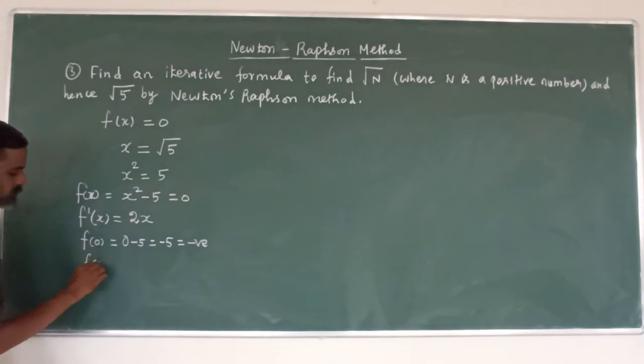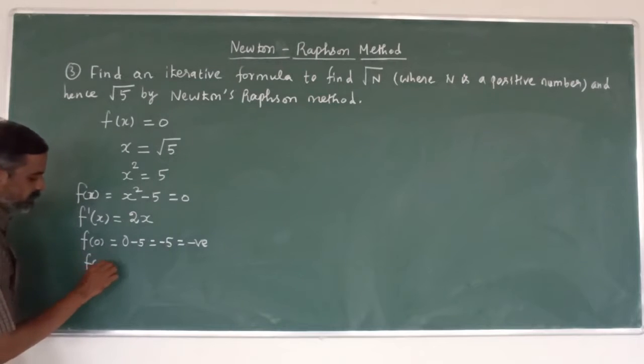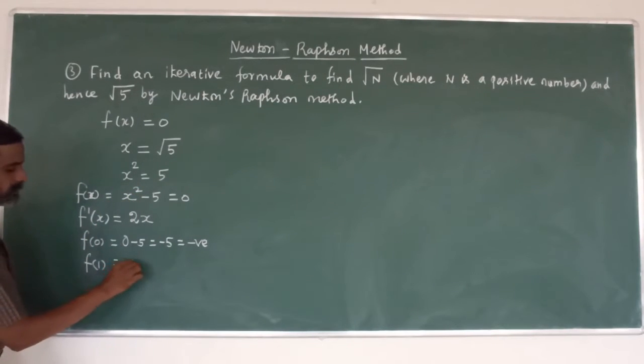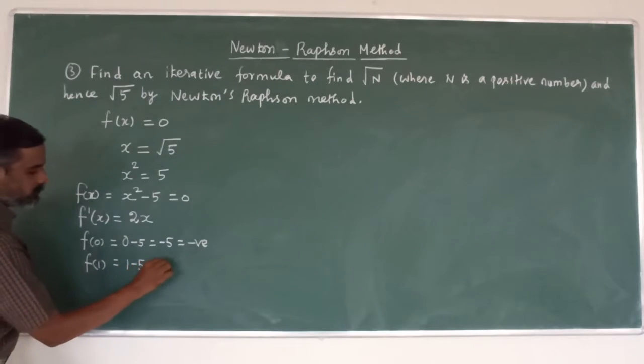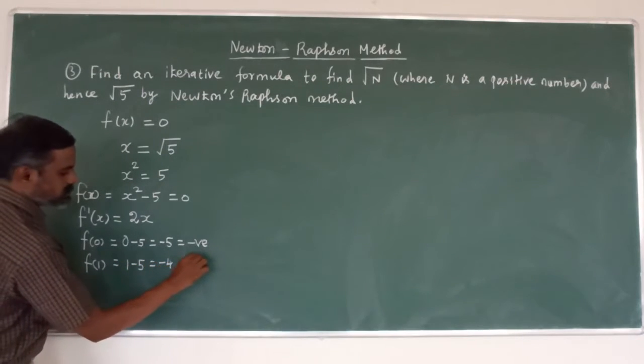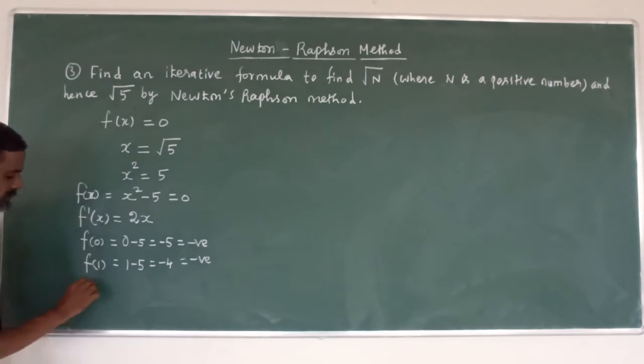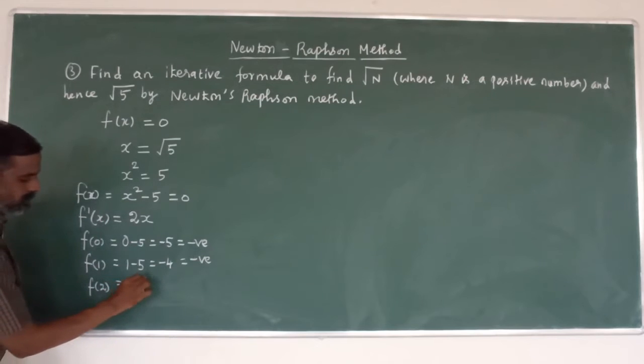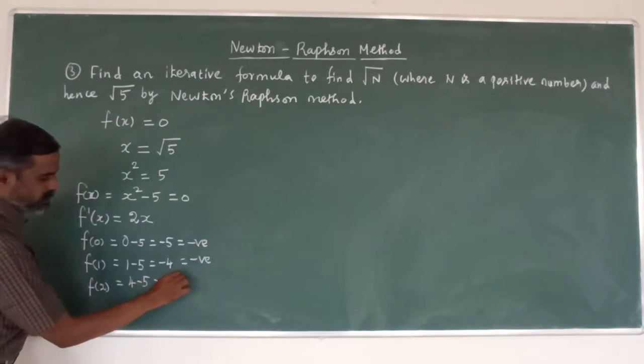Next to substitute x value 1: 1 square, 1 minus 5 equal to minus 4. This is also a negative result. Now to substitute f of 2: 2 square 4 minus 5 equal to minus 1.